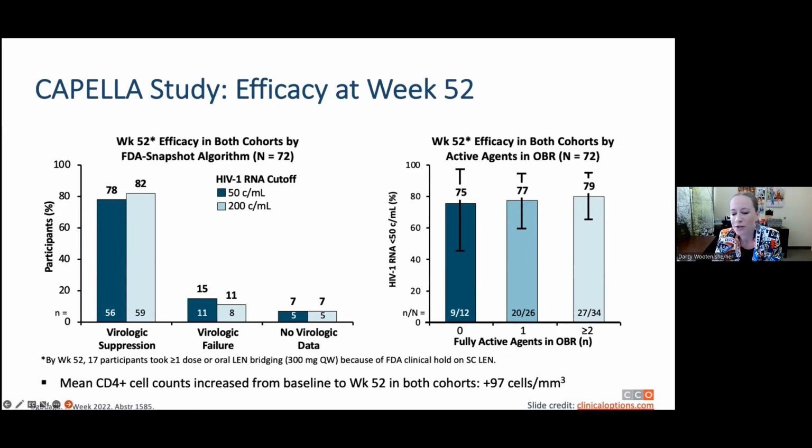Even if you had 0 fully active agents in the optimized background regimen, you still had 75% of those patients have virologic suppression. So kind of cool. We saw CD4 cell counts go up among patients, as you would expect to see. And so a nice option when this hopefully gets approved for patients with a lot of resistance who might not have many other good options.